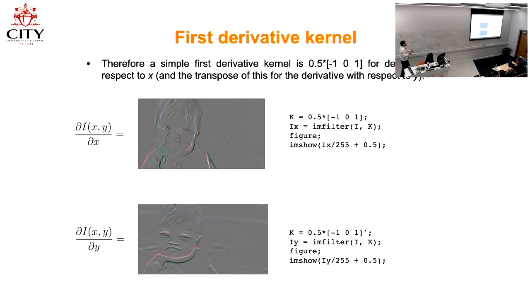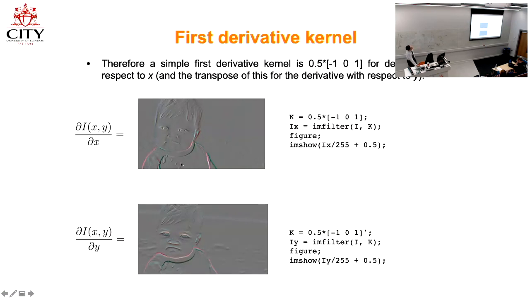This is with respect to x, and if I have it with respect to y, I will see something like that. So if I multiply these two, again in MATLAB you just create your kernel, then use imfilter, and then imshow. So you will see something like that. This is with respect to x.